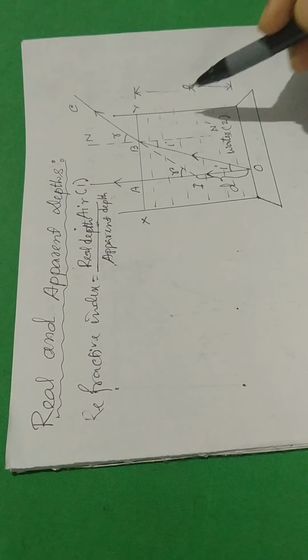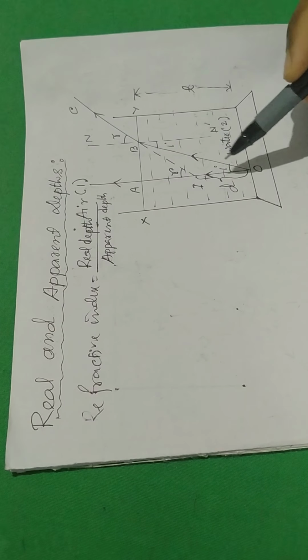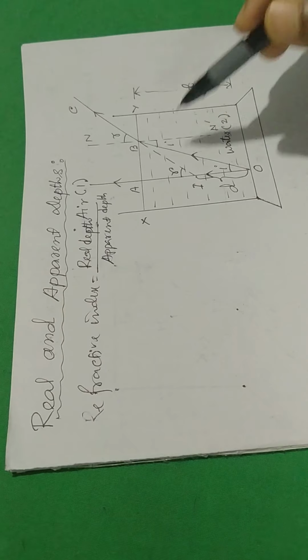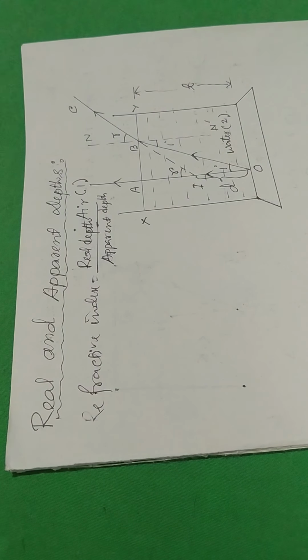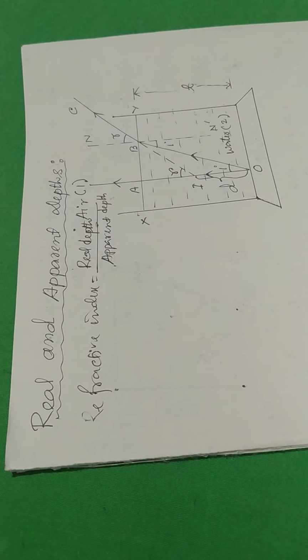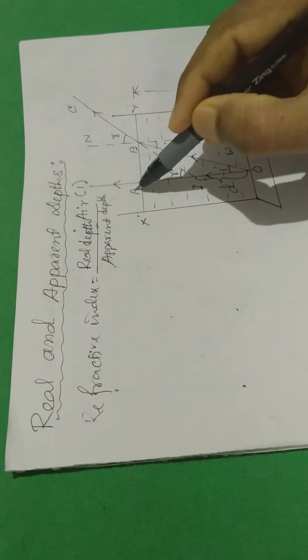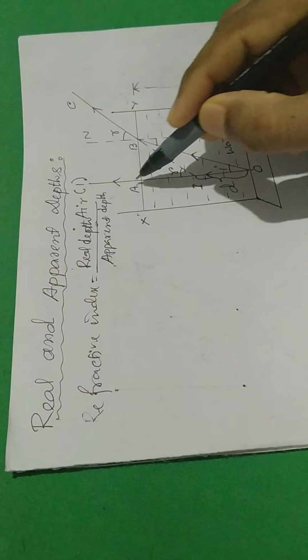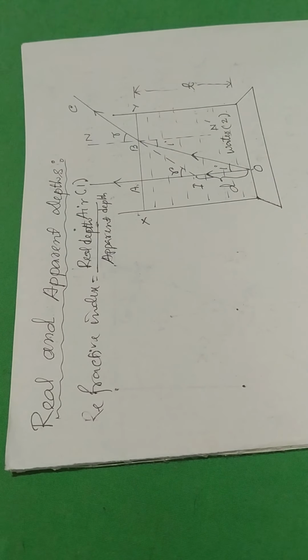Here, O is a point object at the bottom of the beaker containing some liquid, and XY is the interface which separates air from liquid. OA is the real depth and IA is the apparent depth.